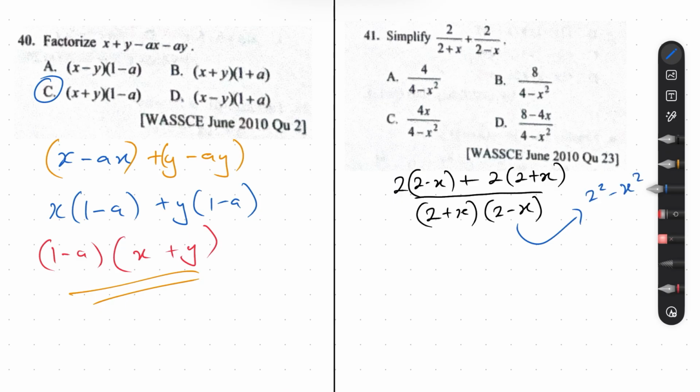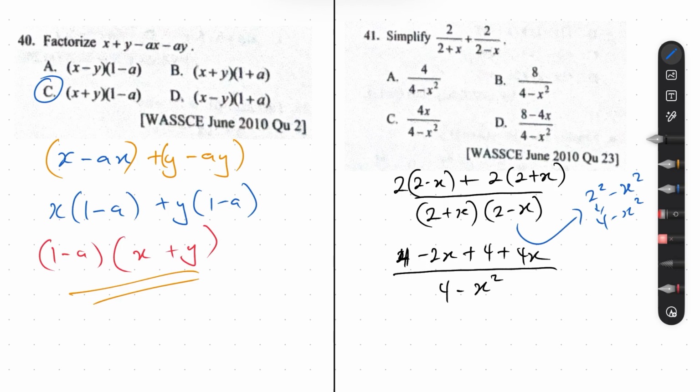And we know 2 squared is the same as 4. So 4 minus x squared. Okay, cool. So let's simplify. So we have 4 minus x squared, and then we'd have 4 minus 2x plus 4 plus 4x.